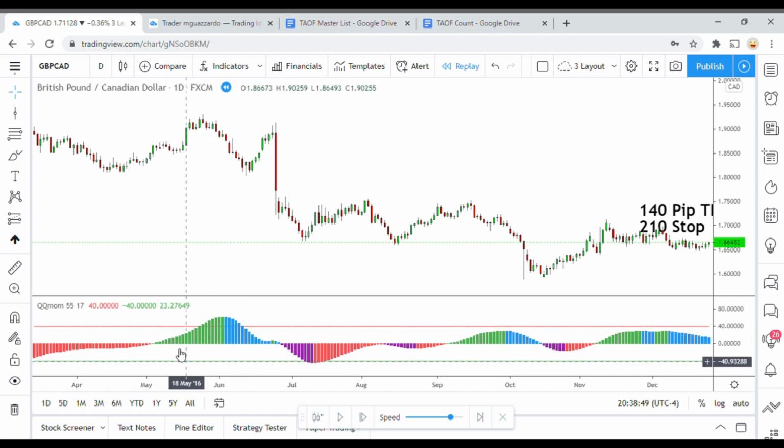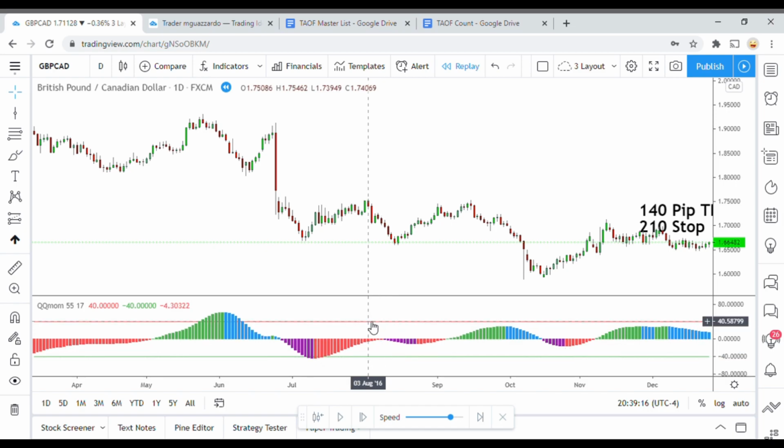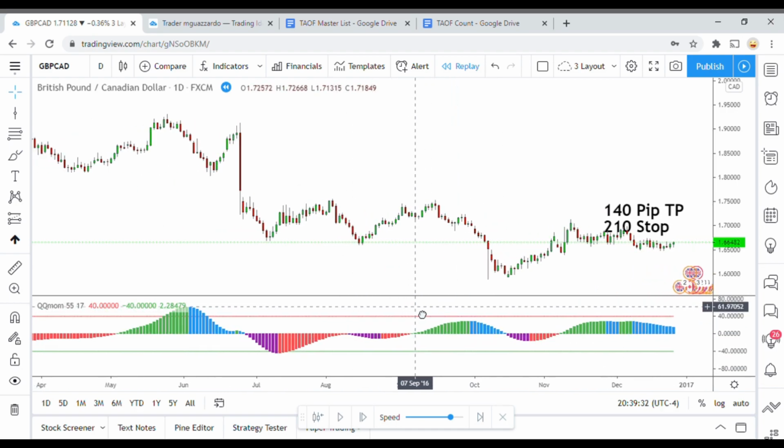Yeah, nonetheless, we could wait for the momentum histogram to either go oversold or overbought, and then wait for it to come back into those areas. So similar to the RSI. I don't specifically like that way because it gives very, very few signals, and I feel like that's not a very logical way to use this indicator.